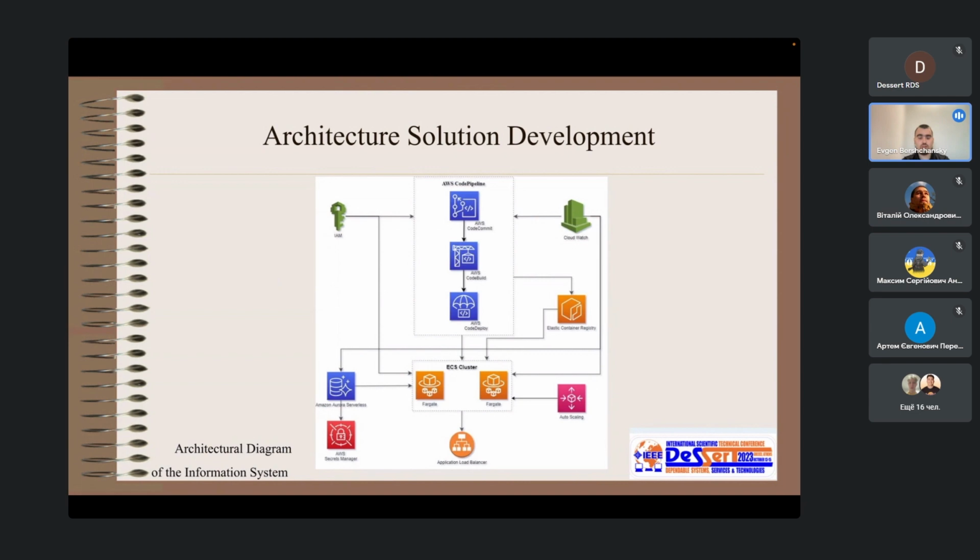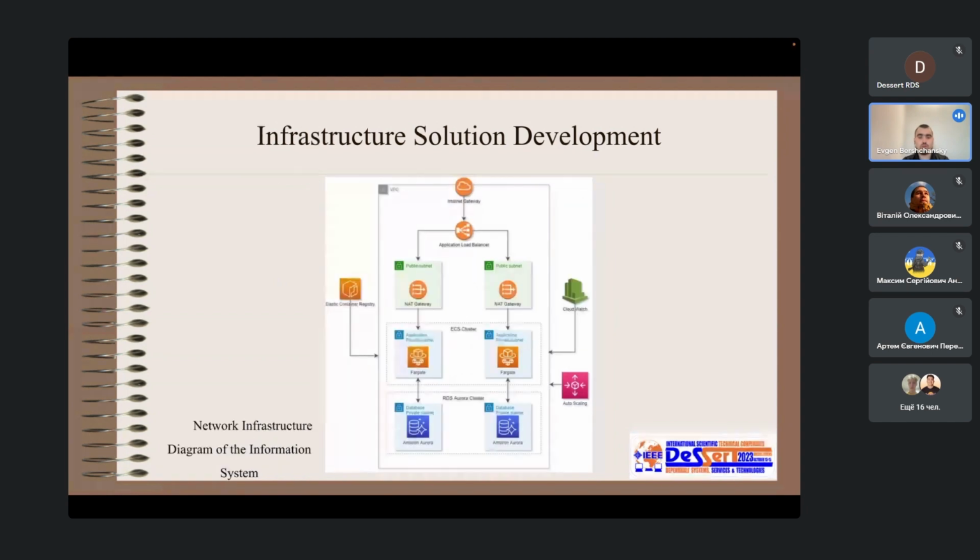Also, for communication between the application and the database, we have AWS Secrets Manager, which is responsible for storing the database login, password, and some connectivity parameters. And let's move on.